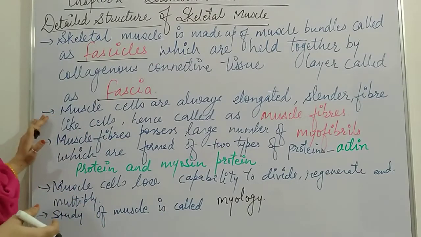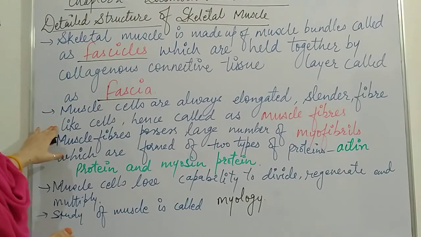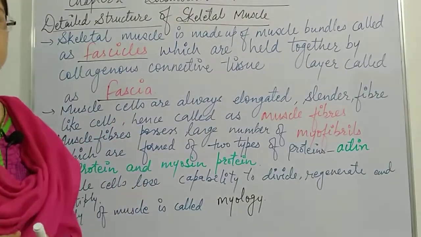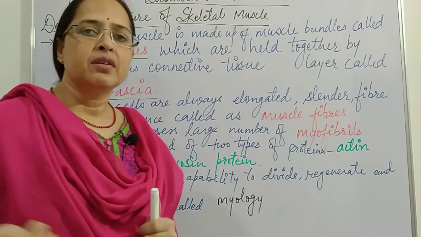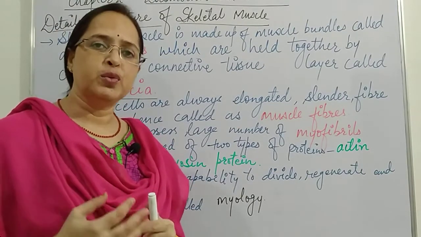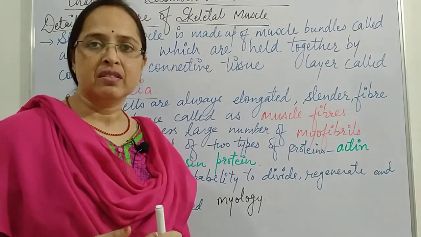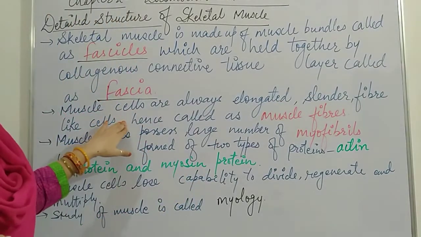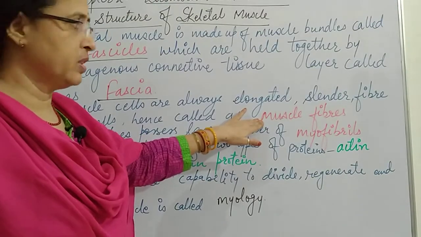Next, muscle cells are always elongated, slender, fiber-like cells. I already told you in the previous video about the differences between skeletal, unstriated and cardiac muscles, that muscle cells are usually elongated, stretched, long, slender and fiber-like. Because of being fiber-like, they are said to be muscle fibers.